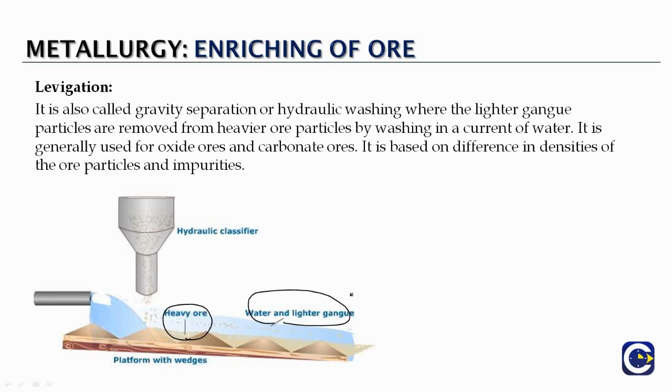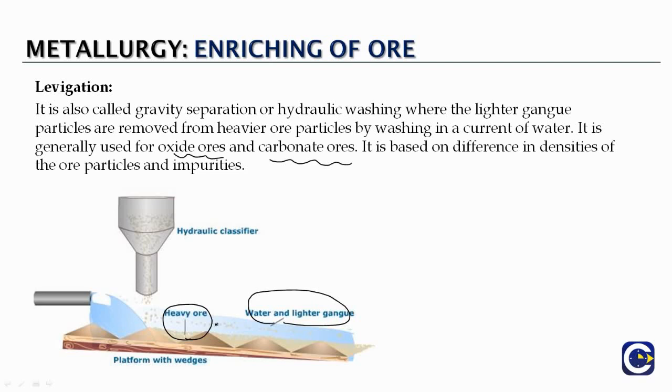But considering the environmental impacts of this particular process, of late there have been changes in terms of the way this process is being deployed, and we do use it for oxide ores and carbonate ores. And here the fact that is helping us to separate the ore particles from the gangue particles is the density difference between the ore particles and the impurities.